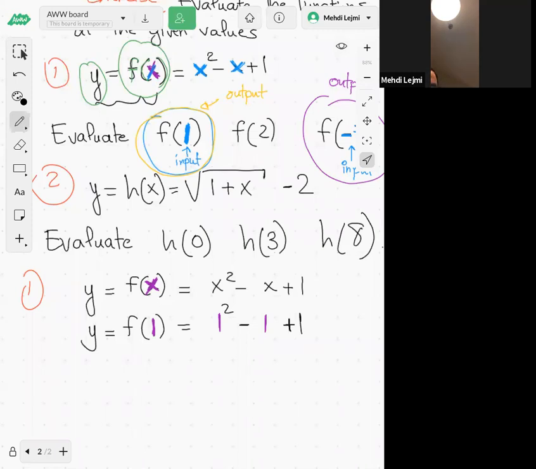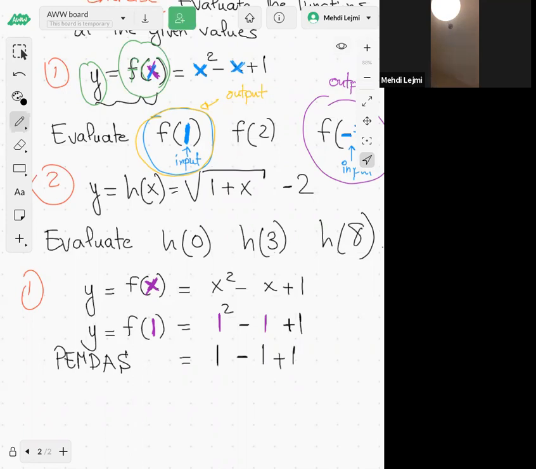Okay, all right. So of course, guys, be careful with the PEMDAS rule. For example, here, first you have to evaluate the power, 1 squared. 1 squared is just 1 times 1, so it's 1 minus 1 plus 1.